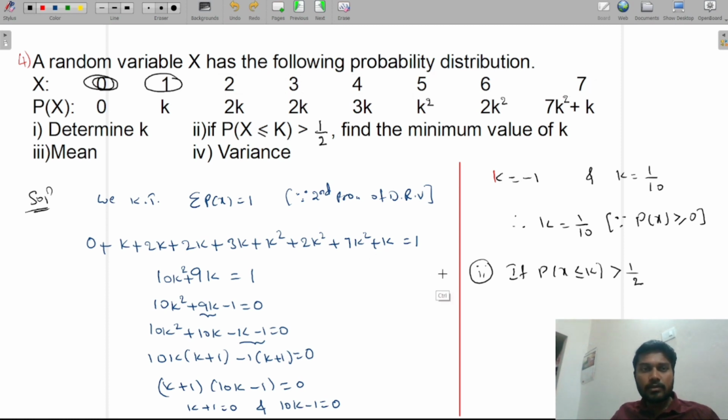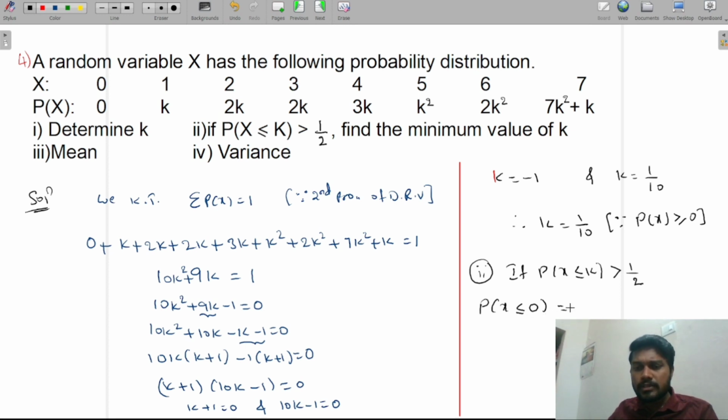So at k equal to 0, if I substitute, what will happen? Let's see. P(X ≤ 0). So what are the values for x here? X less than or equal to 0 means only 0 will be considered. Yes or no? Right. So what is the probability at x equal to 0? I'm having 0 in the table.